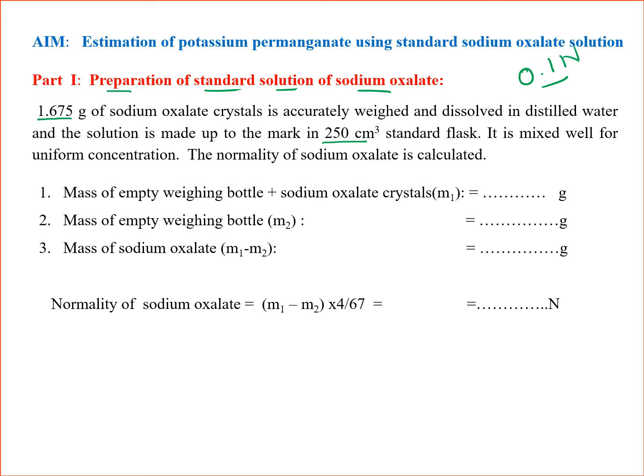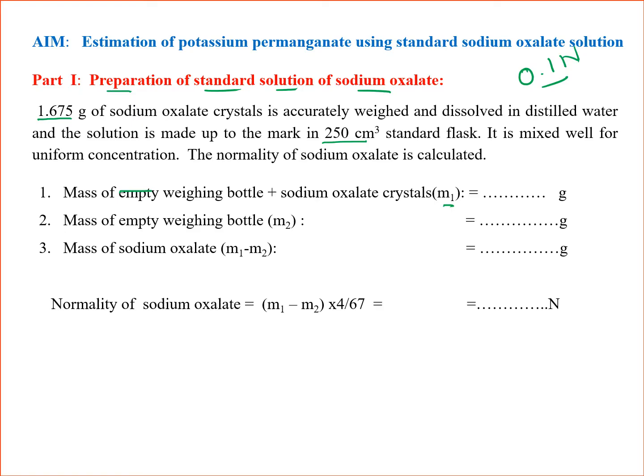What you are supposed to do is pre-weigh approximately 1.675 grams, add it to the weighing bottle, take it away and keep it aside. Then you weigh the mass of the weighing bottle plus sodium oxalate crystals. That weight you consider as M1, which I'll show you in the next class.